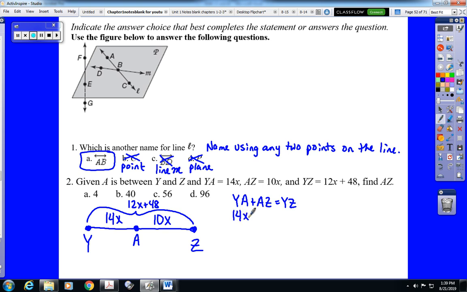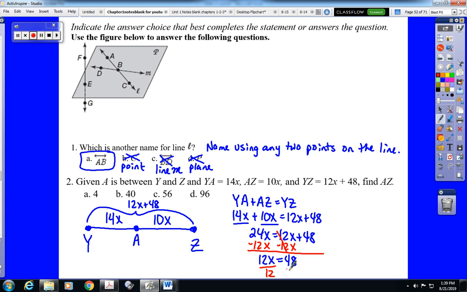So 14x plus 10x equals 12x plus 48. Combining like terms gives us 24x equals 12x plus 48. Then we subtract 12x from each side, which gives us 12x equals 48. And then we divide by 12, which gives us our solution x equals 4.